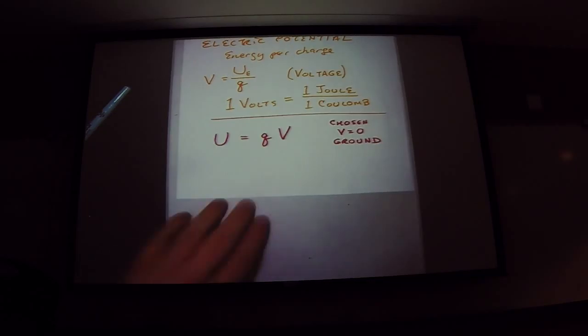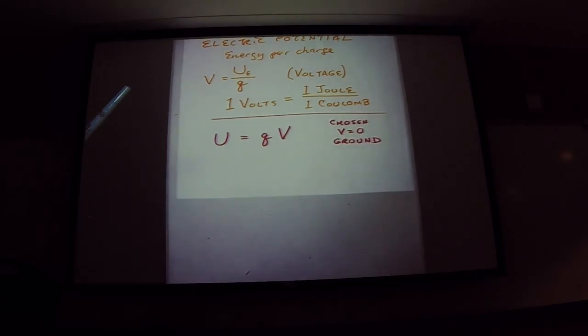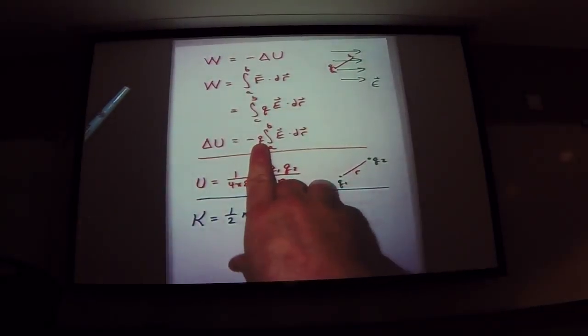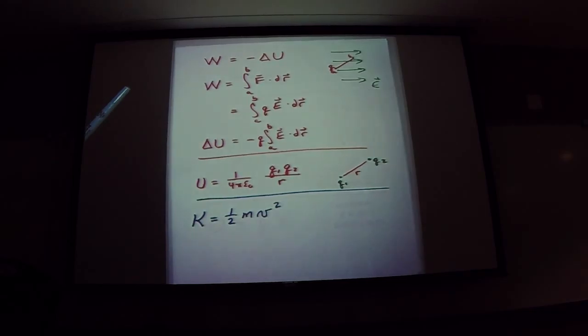Okay, now let's go fix our fancy formula over here for the delta U. Because what we want to do is say, well, if I didn't have a charge, I still want to be able to calculate my voltage just from what's going on with the electric field.